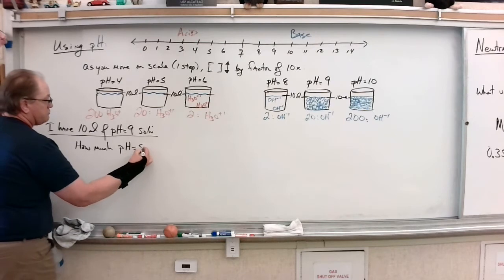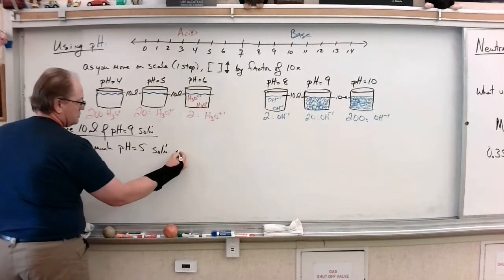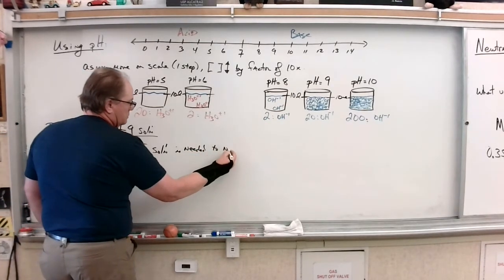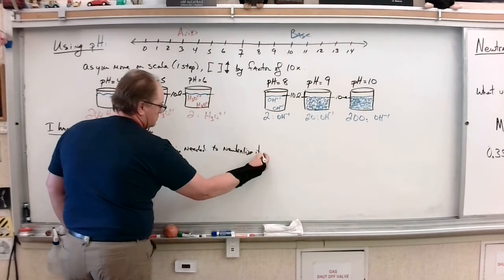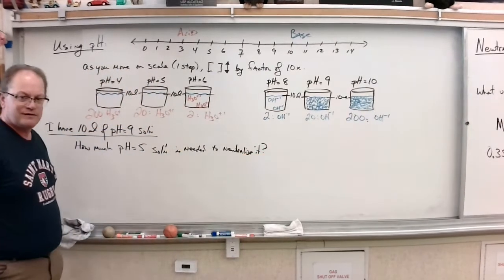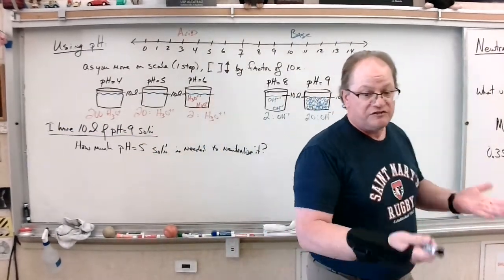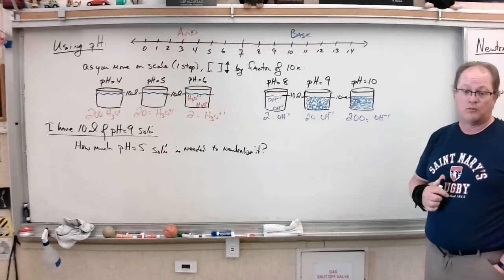How much pH 5 solution is needed to neutralize it? See, I don't actually need to know what the materials themselves are this way. I just need to know what pHs I'm working with.